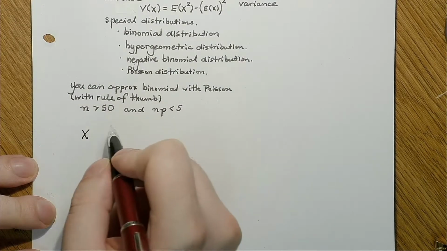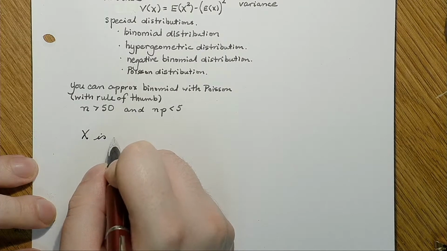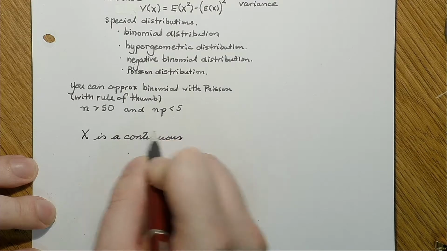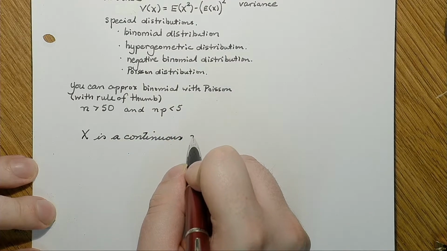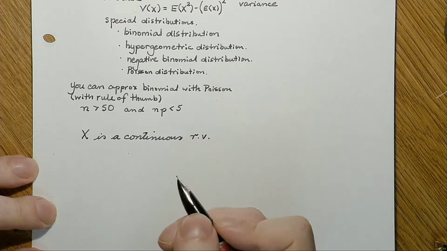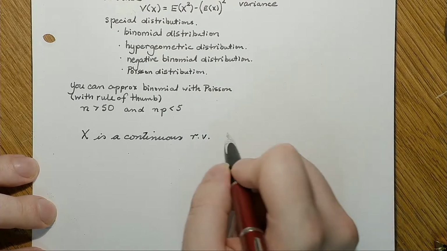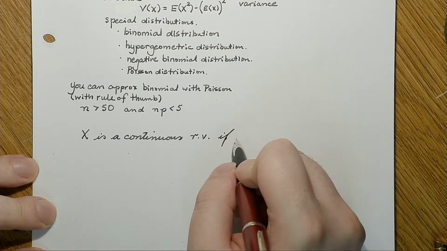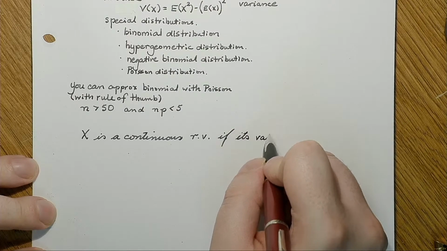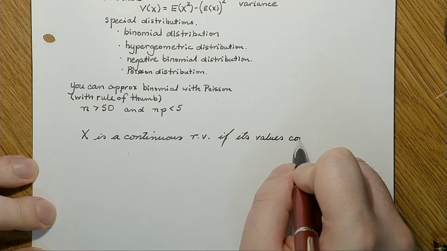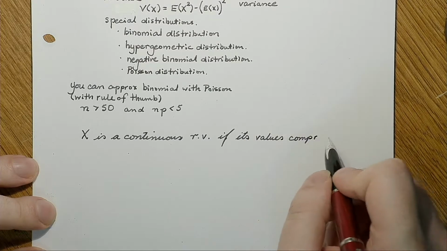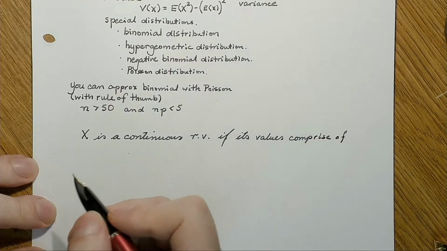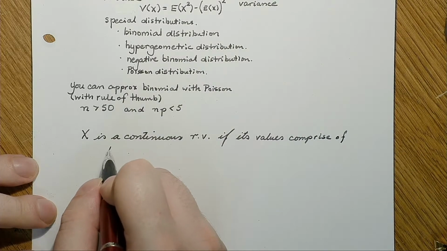Let's say that X is a continuous random variable. It's a continuous random variable if its values comprise a single interval on the real line.